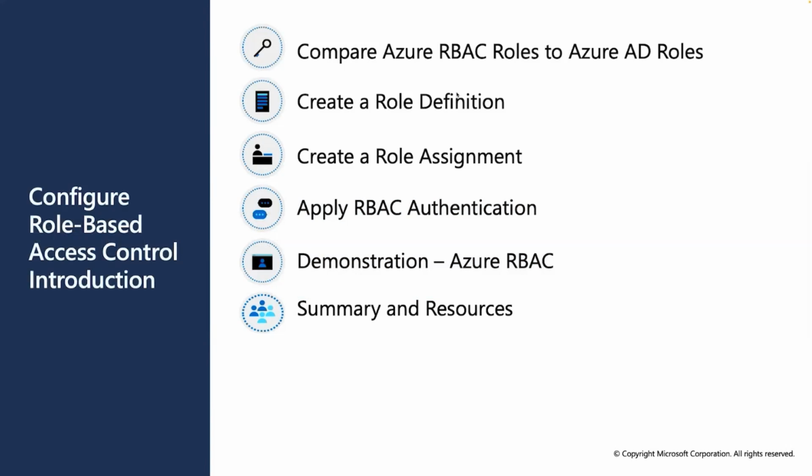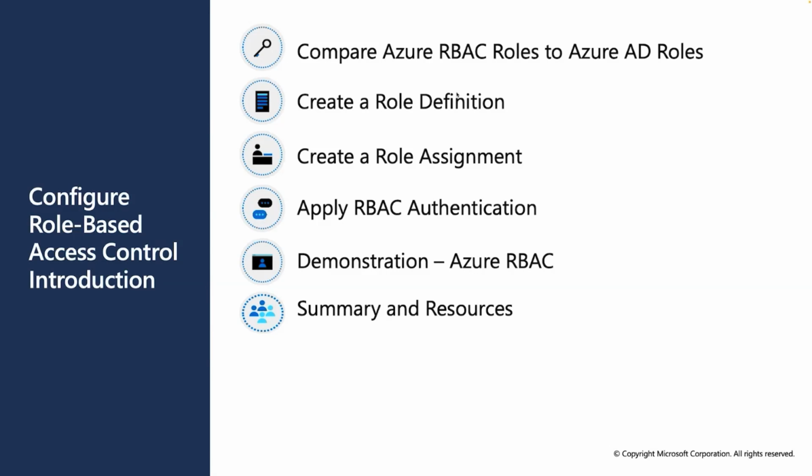RBAC, Role-Based Access Control. In the previous demo, you must have noticed that I gave a permission as a user administrator. That user administrator is one of those predefined out-of-the-box roles. So you can compare different RBAC, role-based access control roles, or the Active Directory roles.